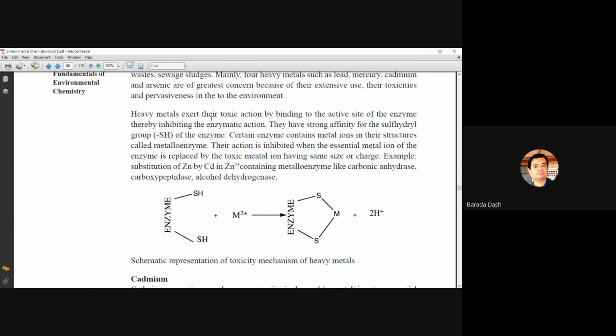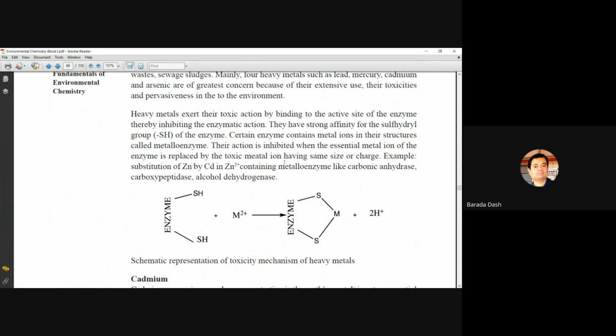So the heavy metals exert their toxic action by binding to active sites of the enzyme, thereby inhibiting the enzymatic action. They have strong affinity for the sulfhydryl groups of the enzyme. Certain enzymes contain metal ions in their structures, called metalloenzymes.